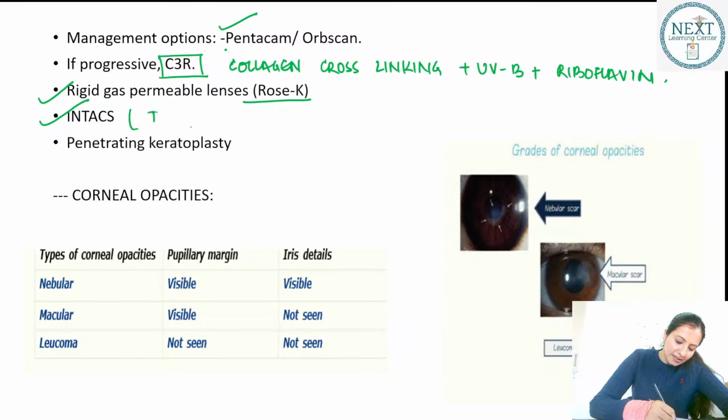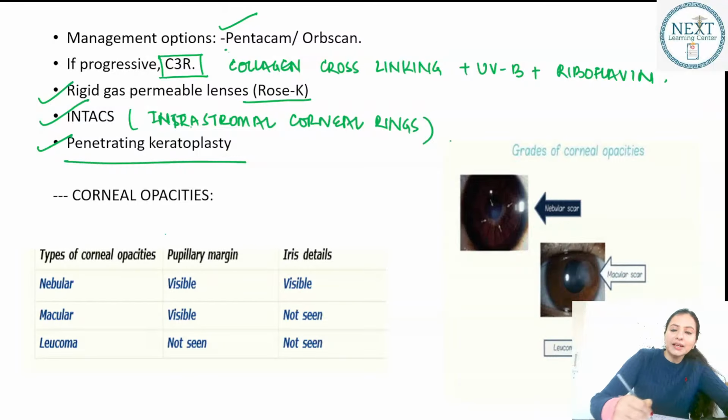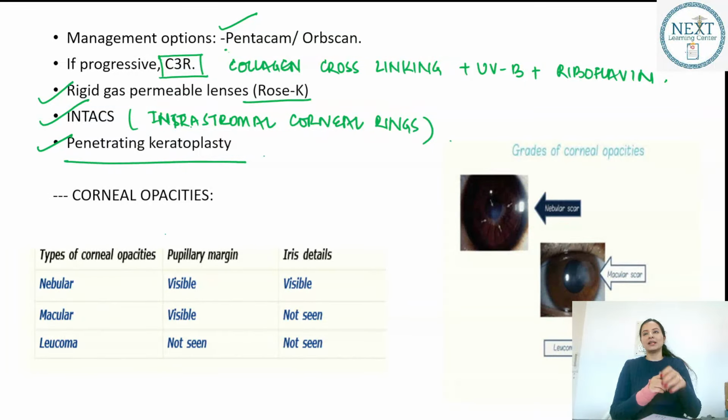What is Intacs? Intrastromal corneal rings. Or if the cornea has an opacity, then you can go for penetrating keratoplasty, in which we replace the cornea of the patient with the donor cornea.